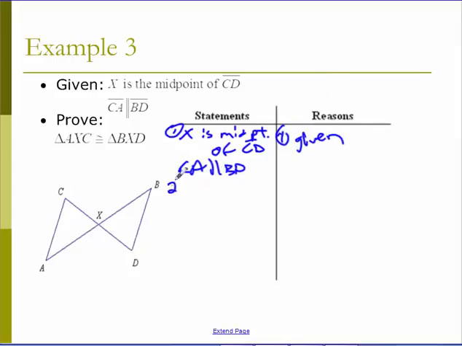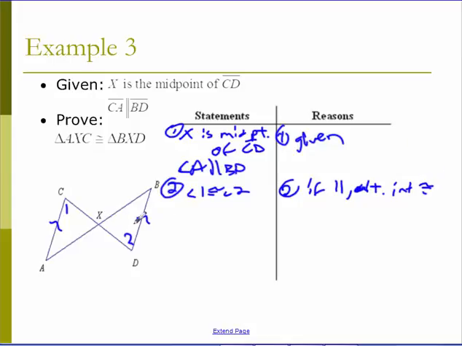Now, step 2, we know that since these are parallel, we have some angles being congruent. So angle 1 and 2, I'm going to call angle 1 and 2 alternate interior angles, so those are going to be congruent if parallel. Alternate interior are congruent.